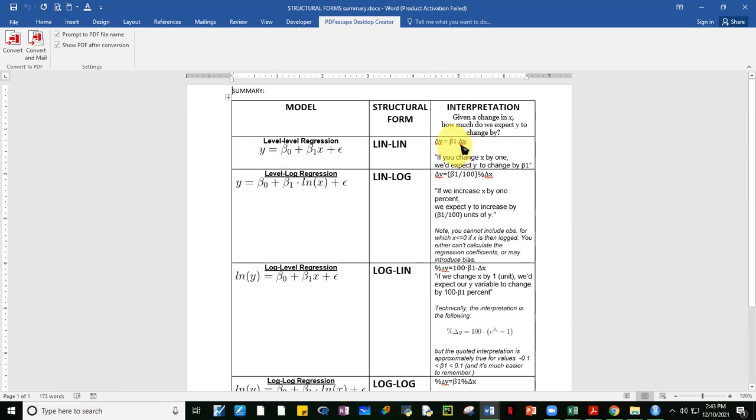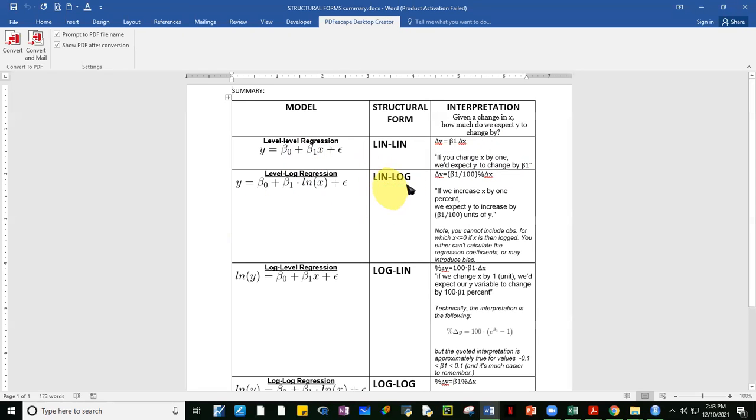So beta 1 now will become delta y over delta x. For every 1 unit change in x, we'd expect y to change by beta 1. We know this already, guys. So regular yung pagbasa nito. For every 1 unit change in x, there's a corresponding beta 1 unit change in y.